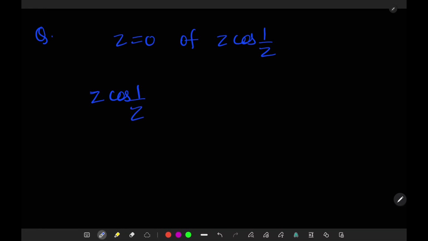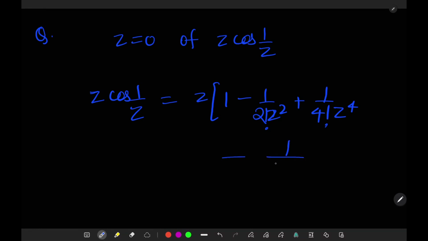Now expanding cos 1 by z: 1 minus 1 by 2 factorial z square plus 1 by 4 factorial z raised to power 4 minus 1 by 6 factorial z raised to power 6 plus up to so on.